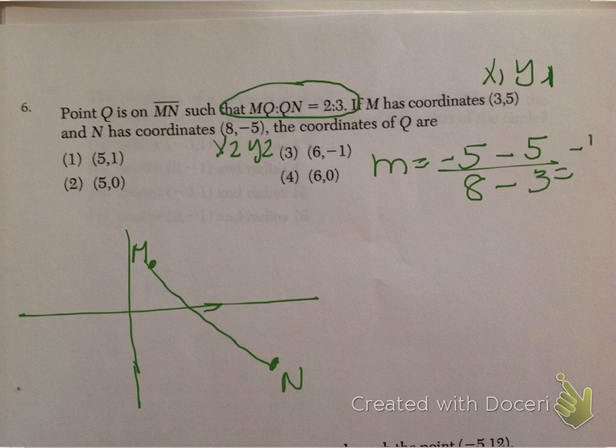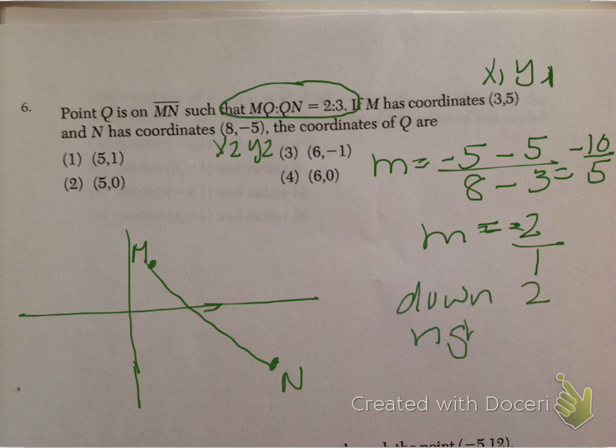So this will give us negative 10 over 5. And so m equals negative 2. Okay, so I'm just going to put it over 1 to remind us that we're going to go down 2 and then right 1 until we get to the end.